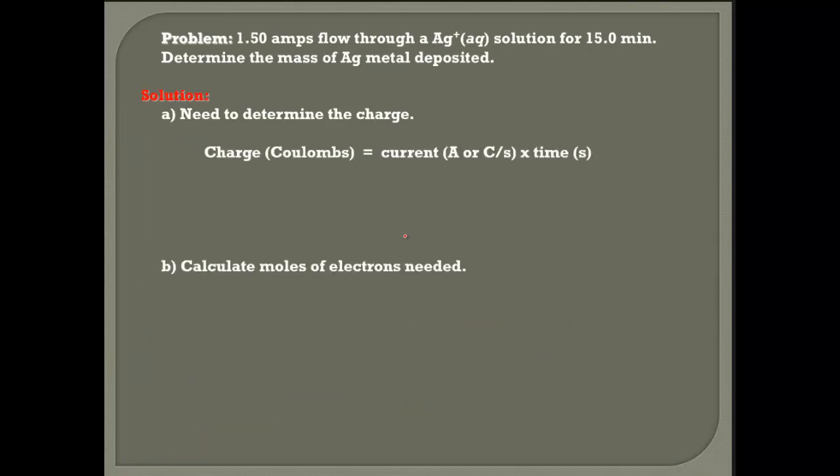So we know that we have 1.50 amps times the time, but it needs to be in seconds, and we have it in minutes. So 15 minutes, and every minute there's 60 seconds, and that comes out to be 900 seconds. Multiply that through, and it comes out to be 1,350 coulombs.